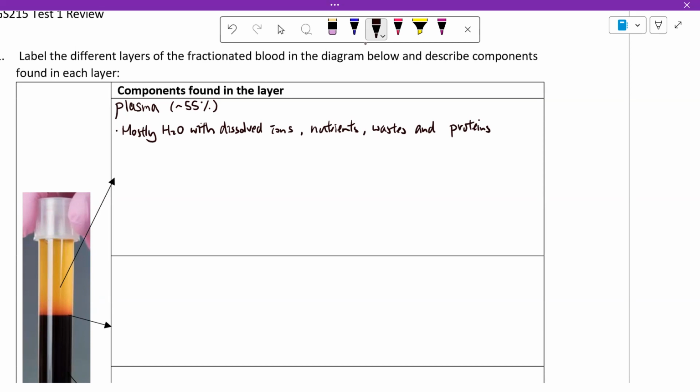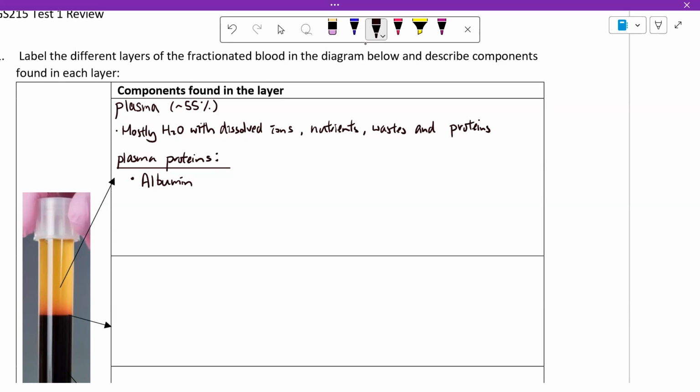So let's talk about some of these plasma proteins. We have learned a lot of plasma proteins since lecture 2.